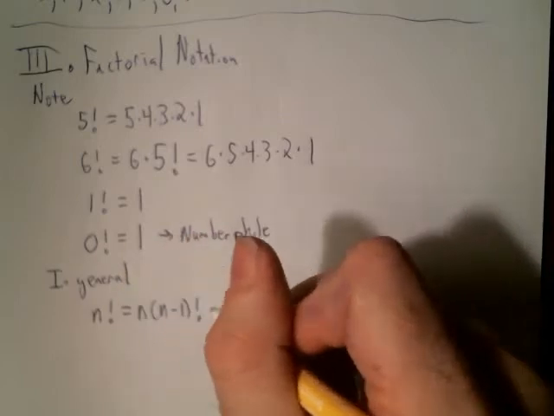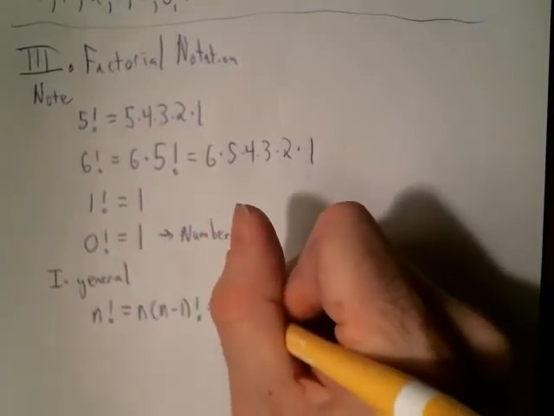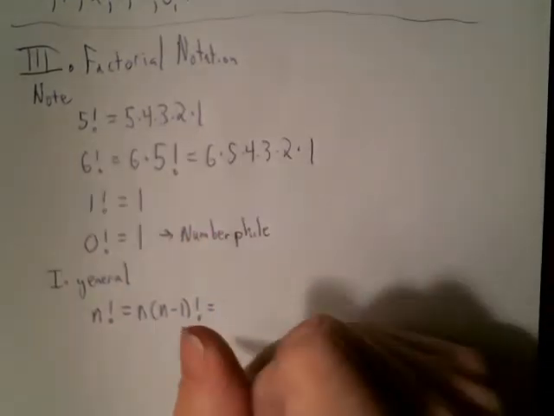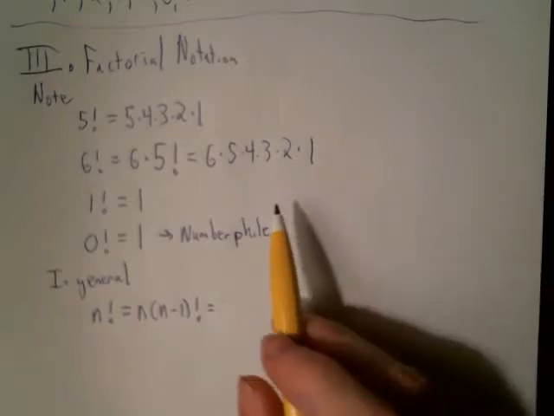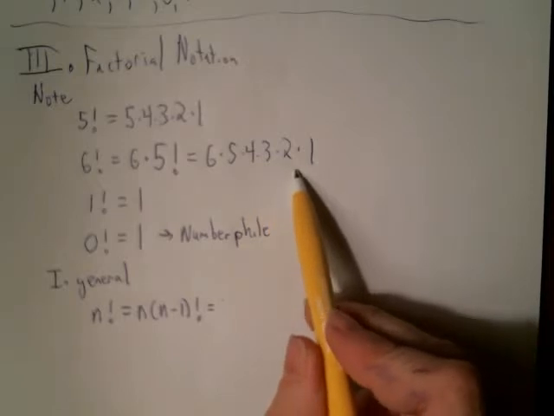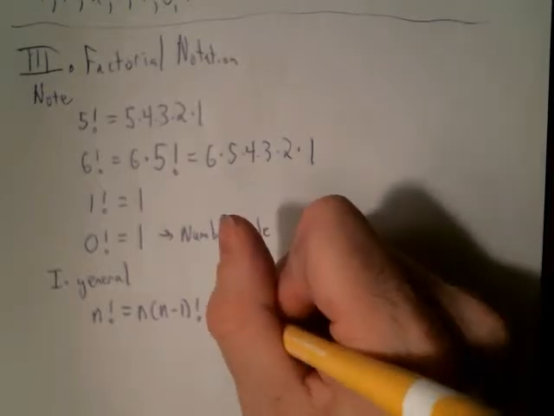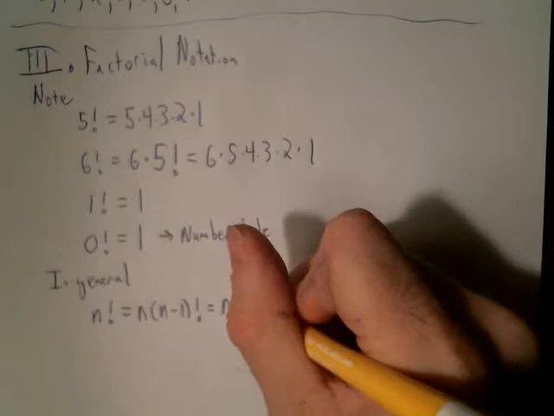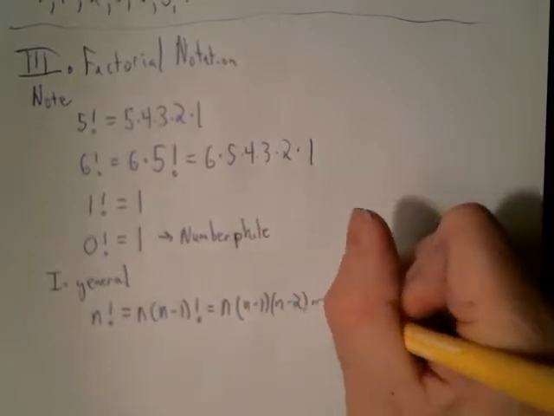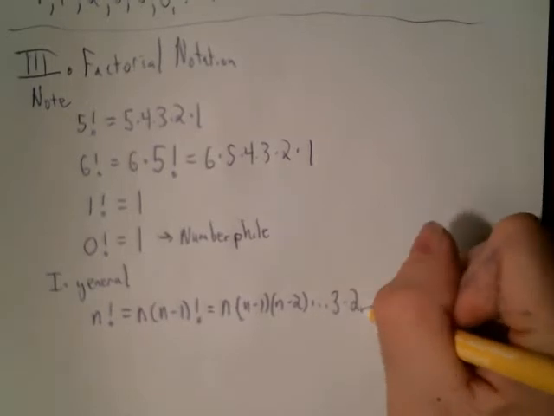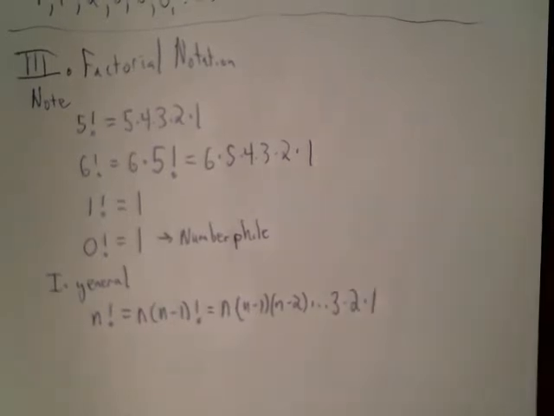You could also then think of this as just brute force, writing out n times n minus 1 times n minus 2, all the way down to, it always ends in 3 times 2 times 1. So that's how we write it. n times n minus 1 times n minus 2, all the way down to 3 times 2 times 1.